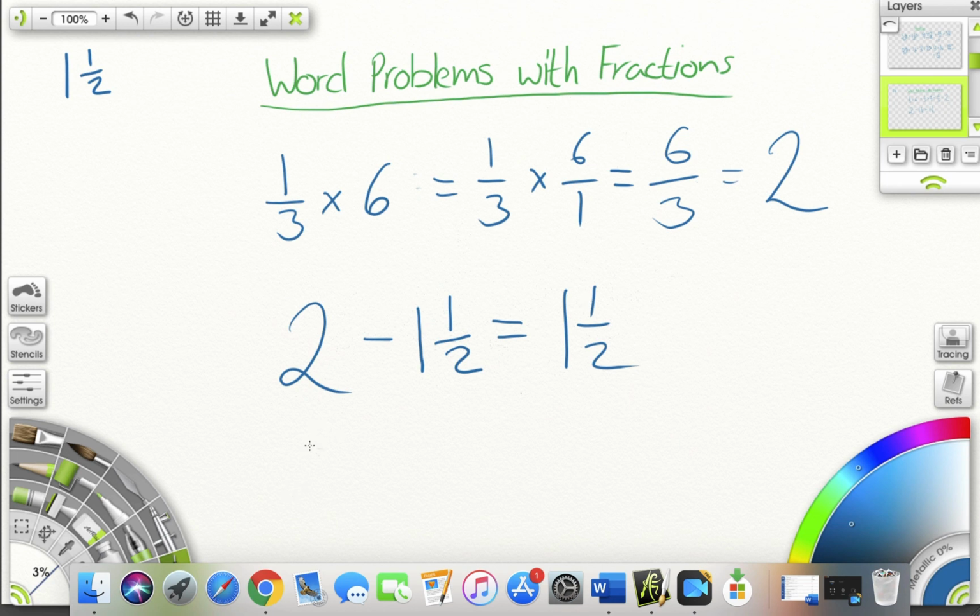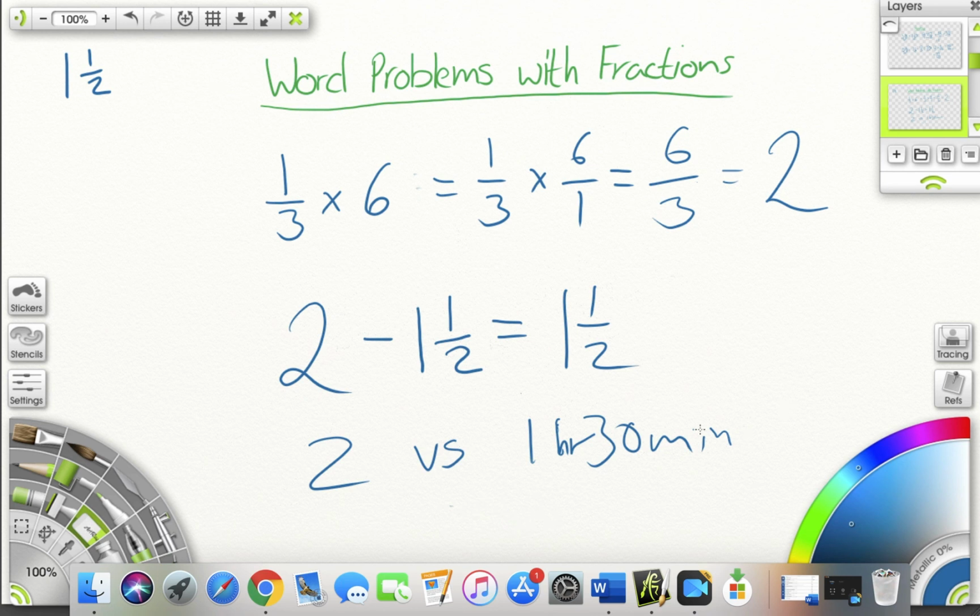However, 2 hours versus an hour and 30 minutes does not leave me with an hour and a half. Doesn't work. So where did I go wrong? I did the process right, but does the answer seem right?